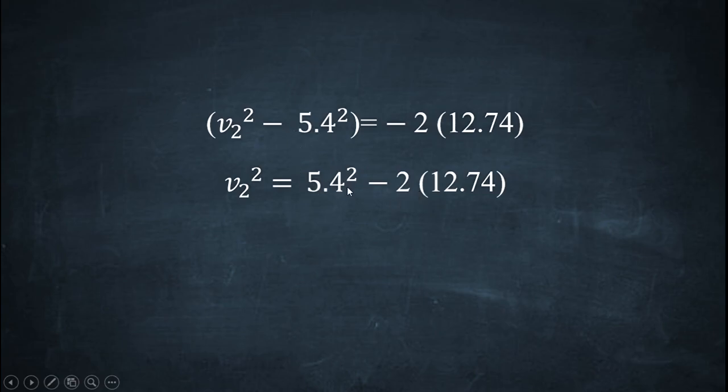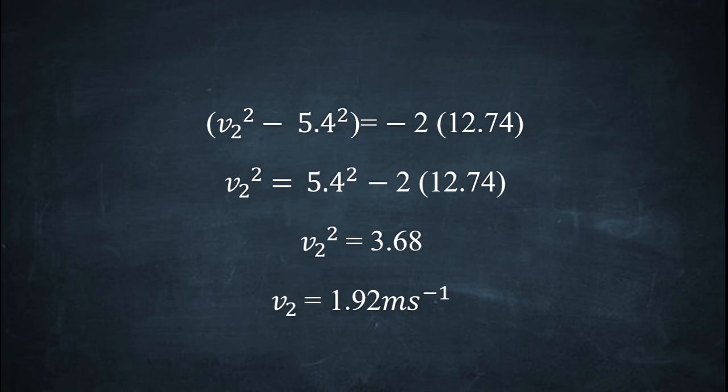Solving it, we obtain V2 square is equal to 3.68. Taking the square root on both sides, V2 is equal to 1.92 meter per second. This is the velocity with which the water will come out of the pipe when it is lifted to a height of 1.3 meters from the ground.